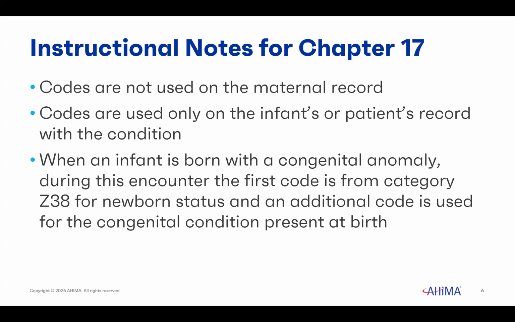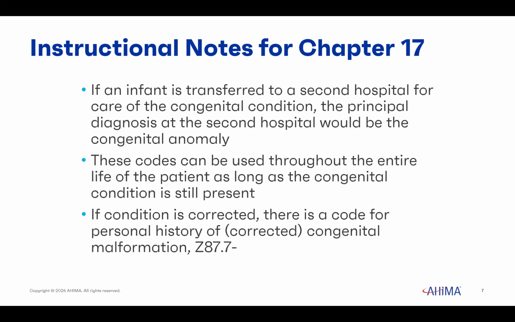As we've seen before, these codes can be used throughout the lifetime of the patient. If a patient goes to a second hospital, once again, the Z38 would not apply. It would be whatever the code beginning with the letter Q is for that admission.